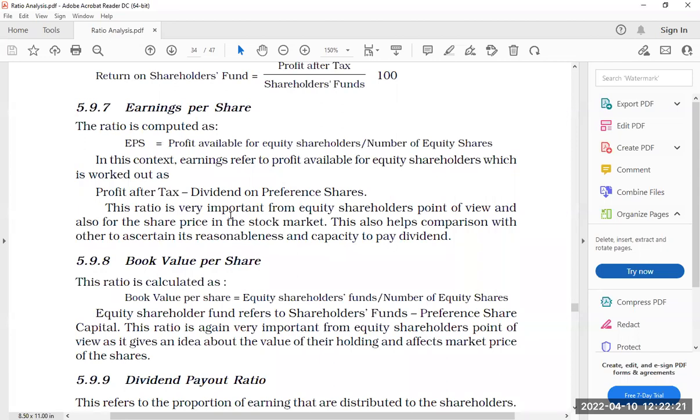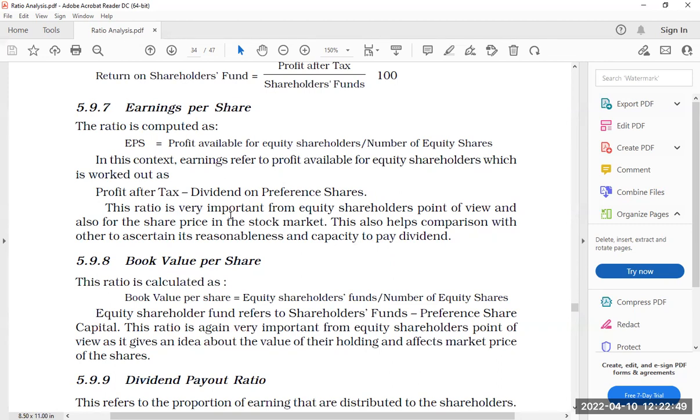Profit after tax minus preference dividend is equal to profit available for equity shareholders. Last line is profit after tax. Suppose 1 lakh is there. From the 1 lakh, you have to minus the dividend payable to preference shareholders. If your company has preference shareholder, you have to minus. Otherwise, no need. That will be 0. So 1 lakh remains the same.